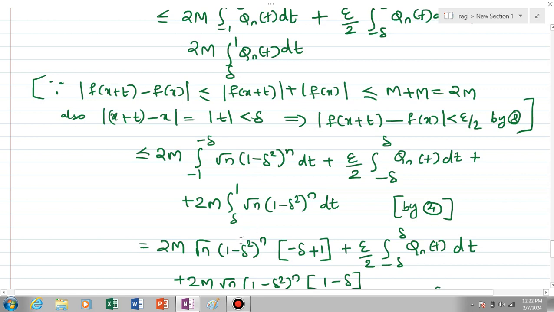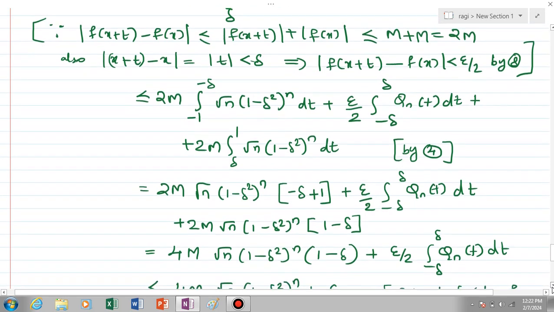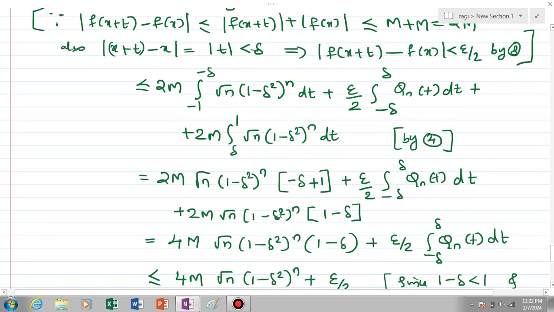We can see like this, and the first term and the last term are equal, so we are adding them. We get 4m into root 10 into 1 minus delta square to the n plus epsilon by 2 into the integral from minus delta to delta of qn of t dt.